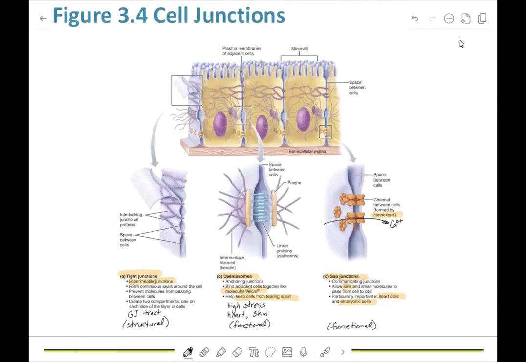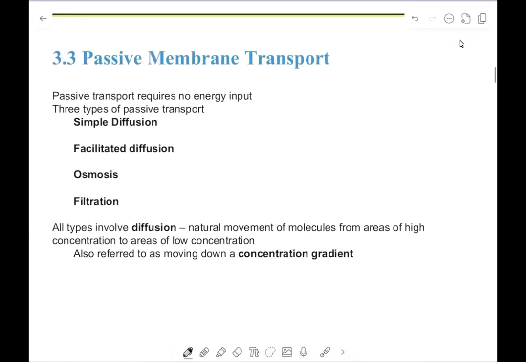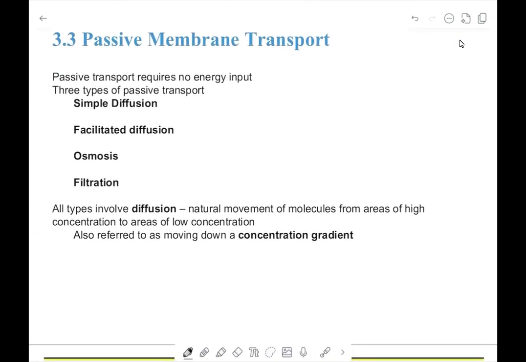Our next slide is going to start talking about membrane transport. And when we talk about membrane transport, it's important that you can differentiate between passive and active.